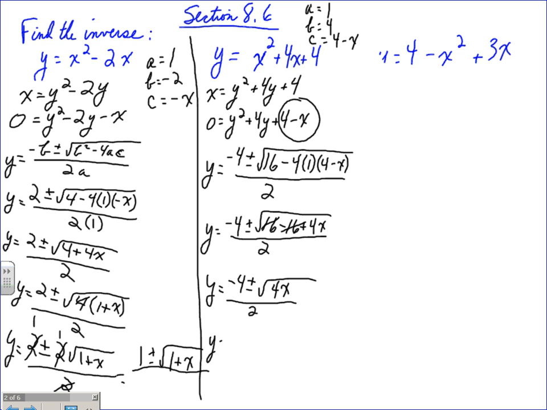So y would equal negative 4 plus or minus 2 square root of x all over 2. And reduce. All three reduce by 2. And I get negative 2 plus or minus 1 square root of x over 1. That's my inverse.